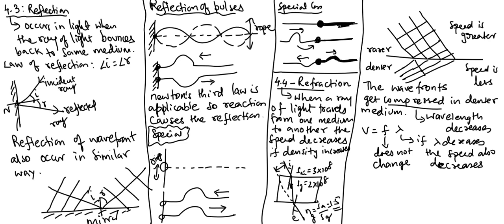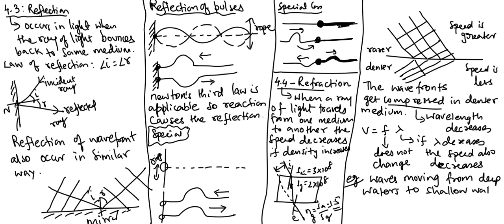And if you give an example, let's say waves moving from deep waters to shallow water, the waves or wavefront get compressed. So the wavelength lambda decreases, right? And that is the case what you are seeing here.